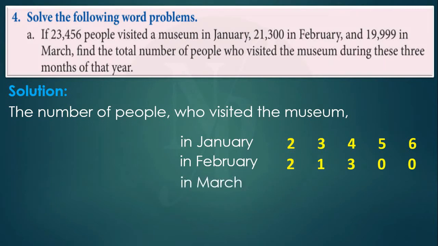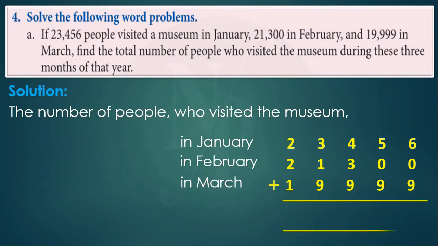And in March, 19,999 people visited the museum. So we have to add these 3 numbers to find the total number of people who visited the museum in those 3 months of that year. Let us add and find the total number of people.